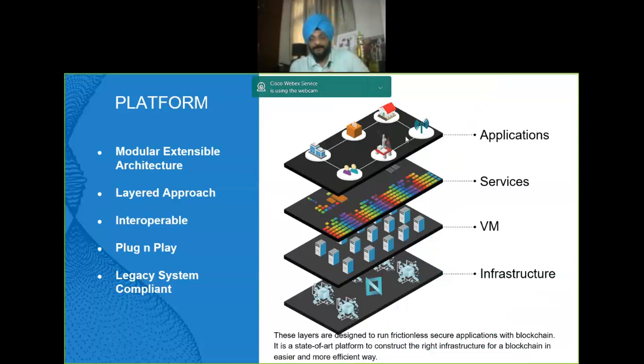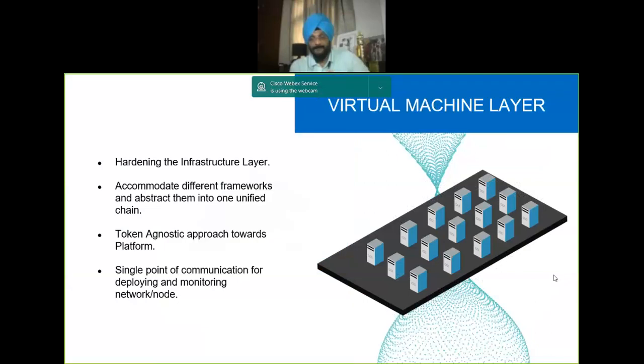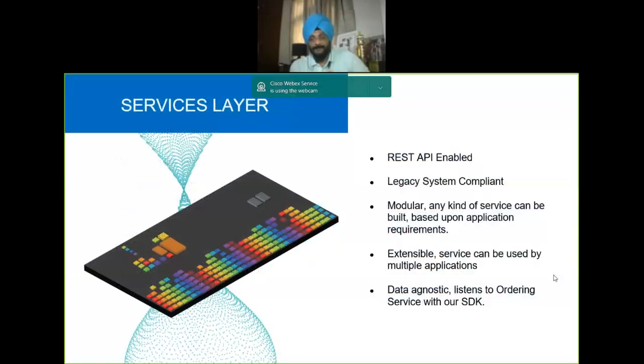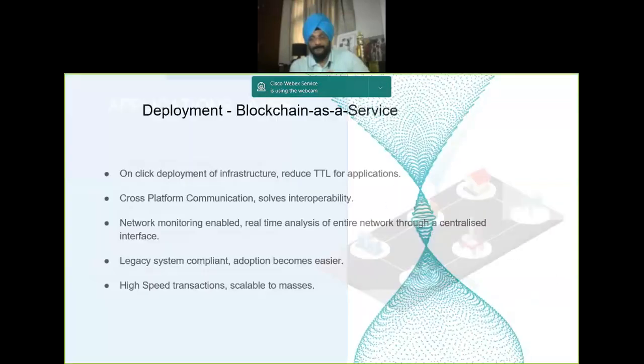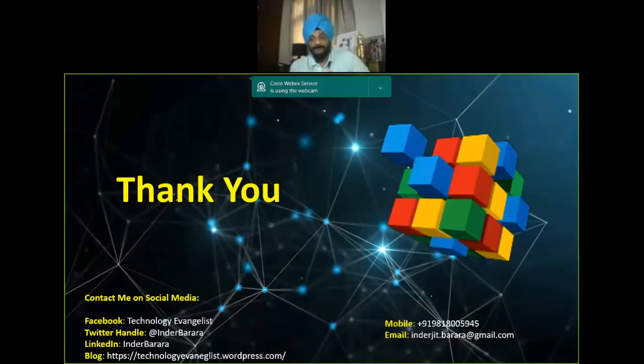It will be modular, layered, interoperable, and legacy system compliant. And it's replicable. You can replicate it to different companies, different organizations. You can make it a financial model to sell it as well. So you can do that.